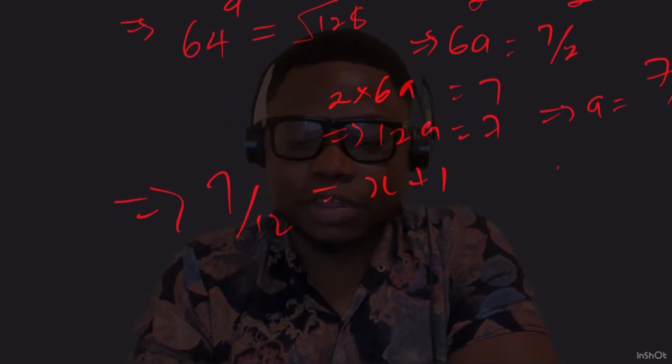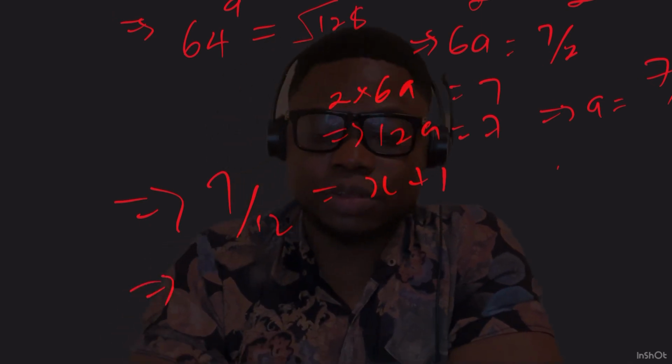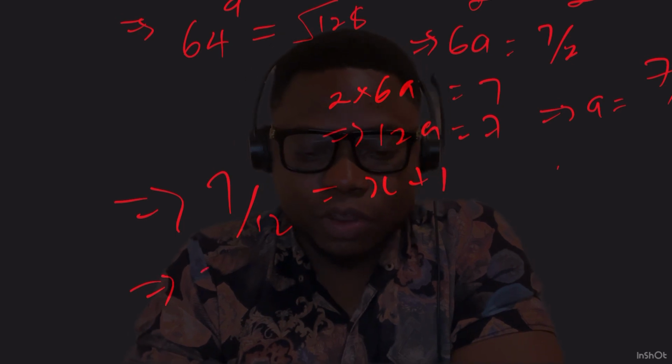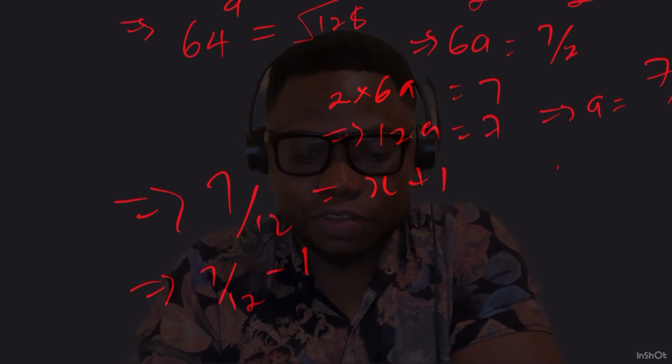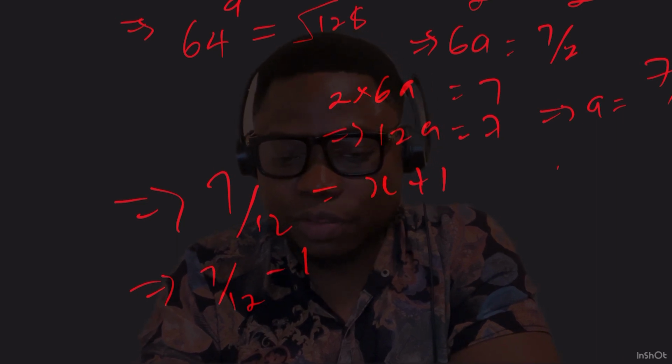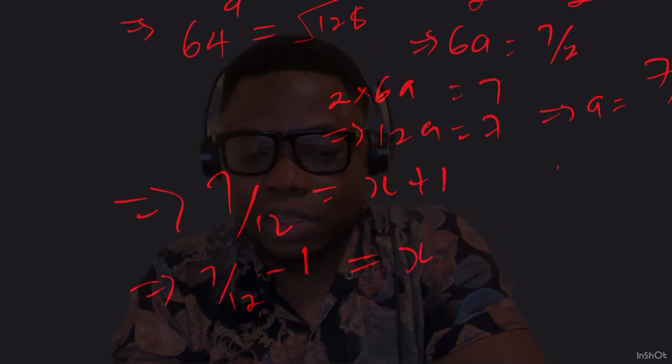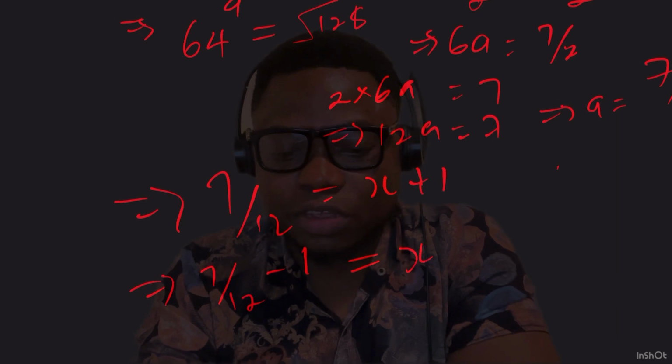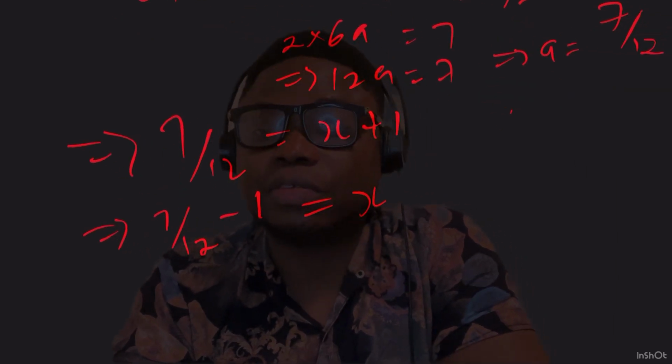So I'll collect like terms here in order to find the value of x. So this is the same thing as 7 over 12 minus 1, because here it is plus 1. As it crosses the equal sign, the sign becomes minus.